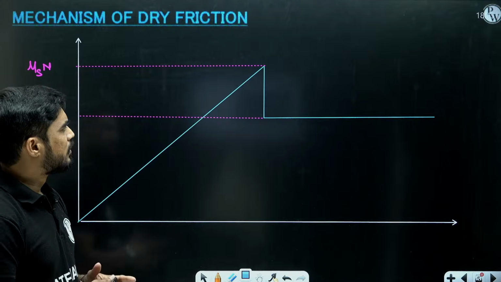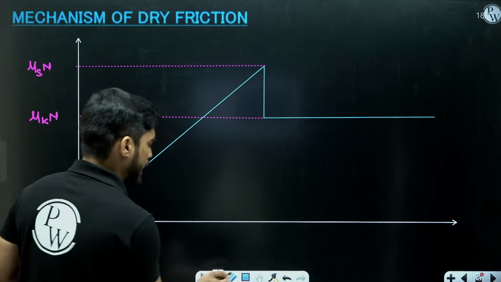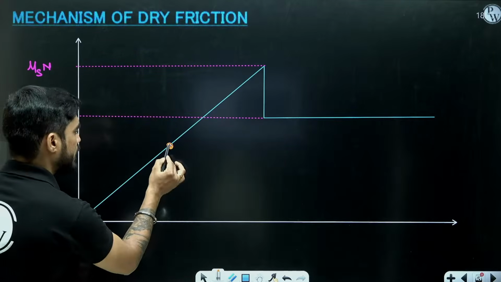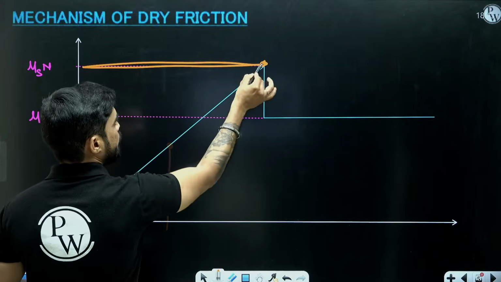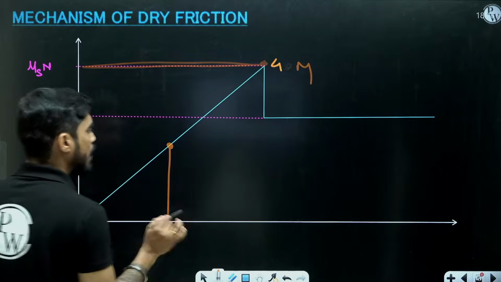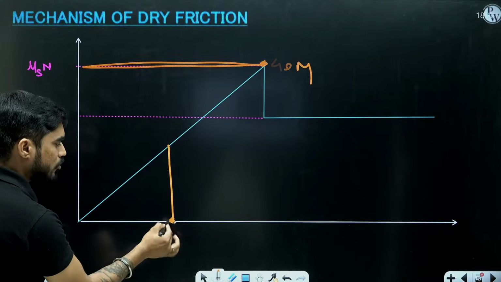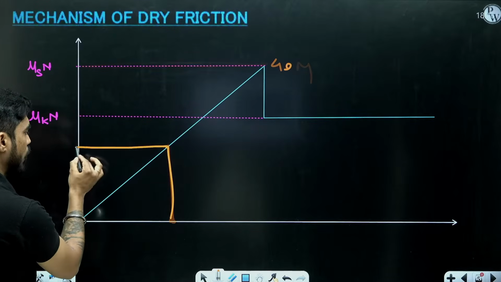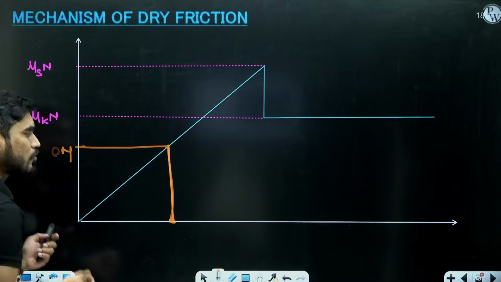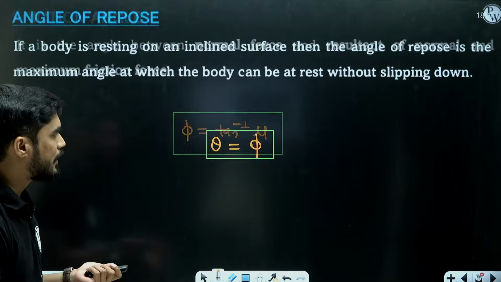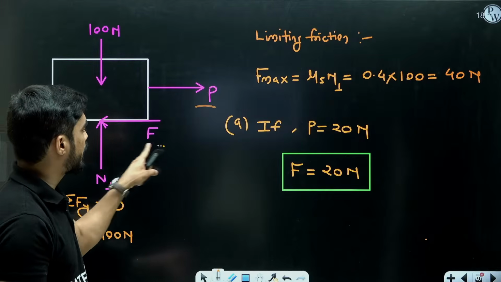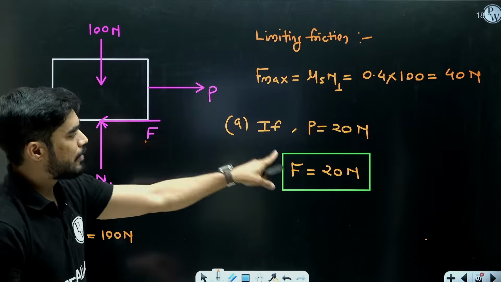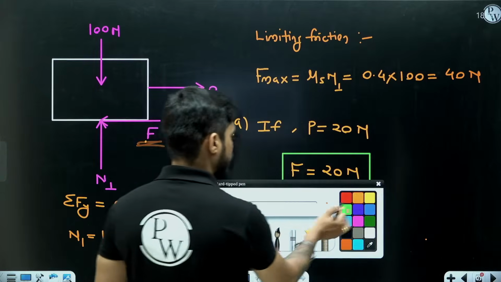If you are applying P equal to only this much, F maximum is 40 Newton, but you are applying only 20 Newton, then F will also be 20 Newton because the box is static. So from summation of Fx equals 0, P will be equal to F. So F will be equal to 20 Newton, right?